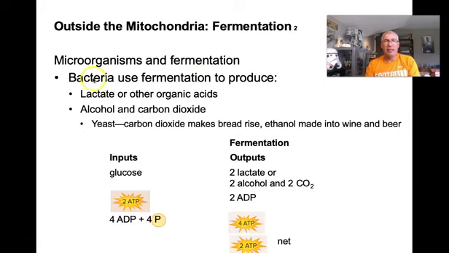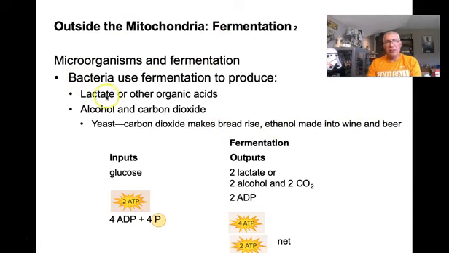Microorganism fermentation. Bacteria use fermentation to produce lactate or other organic acids and alcohol and carbon dioxide. This is on the test. Yeast, carbon dioxide makes bread rise, ethanol made into wine and beer. So fermentation is without oxygen.